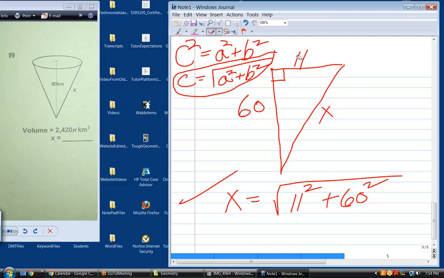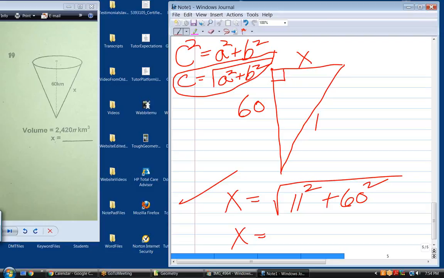But let's say you were solving for one of the short sides. And let's just make that side be 100. Now what is x equal to? Directly. A 3, 4, 5 primitive.